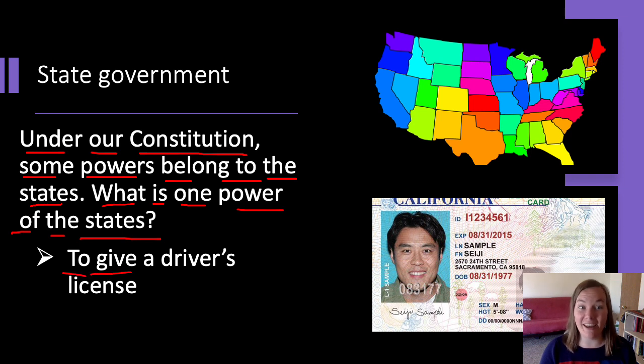To give a driver's license. You could also say to provide schooling and education. Both are correct. So practice the one that is easier for you.